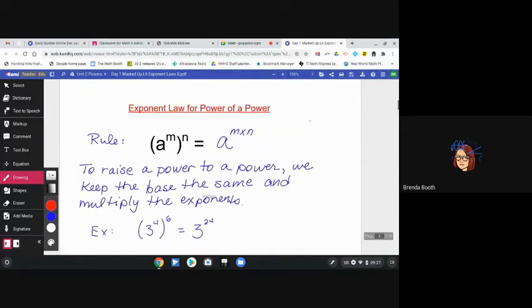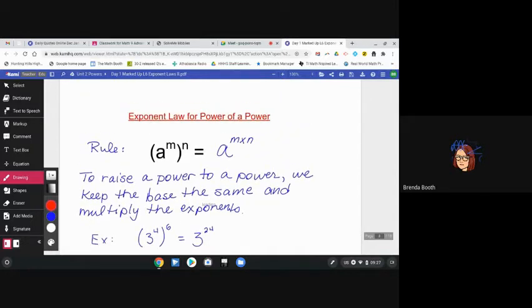All right, so the first one we did on lesson 6 is power of a power. It's when we've got a power, and that power is the base on another power. And we said the rule here is keep the base the same and multiply the 2 exponents.